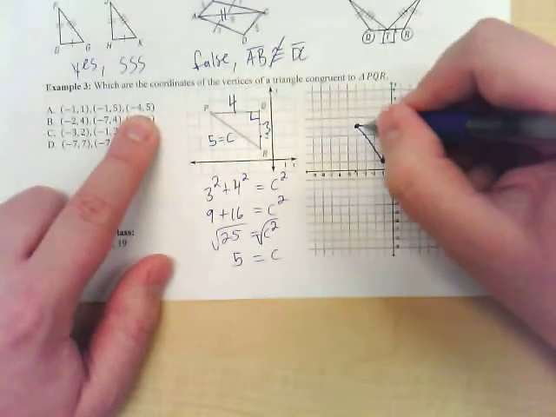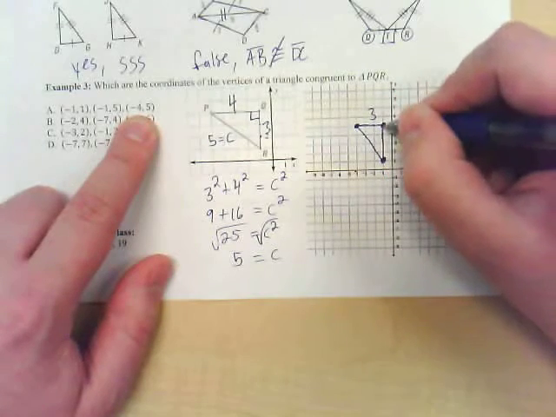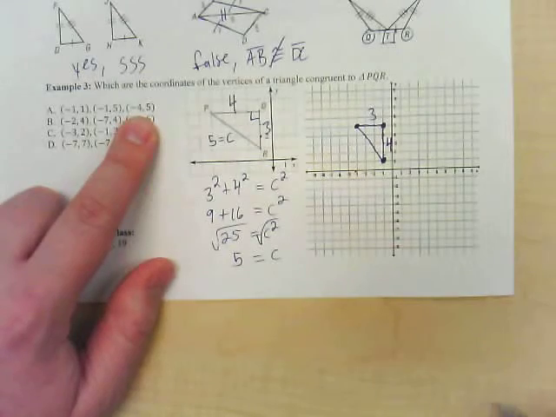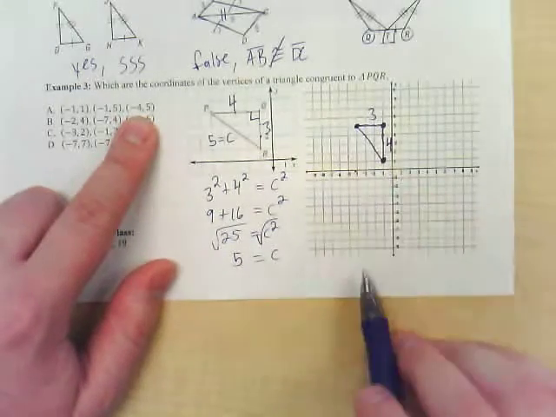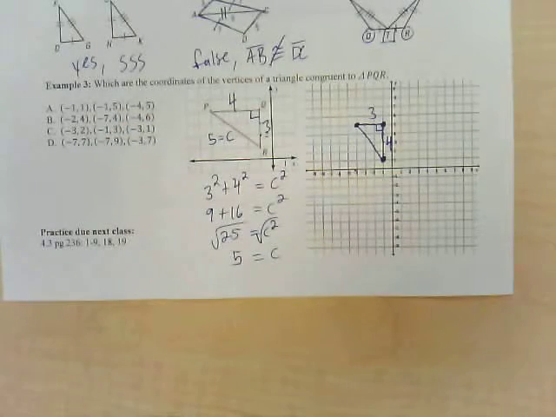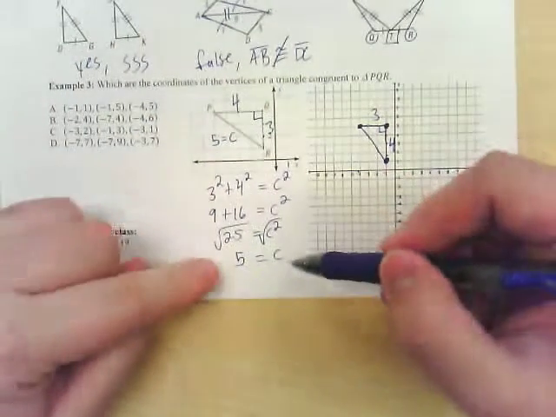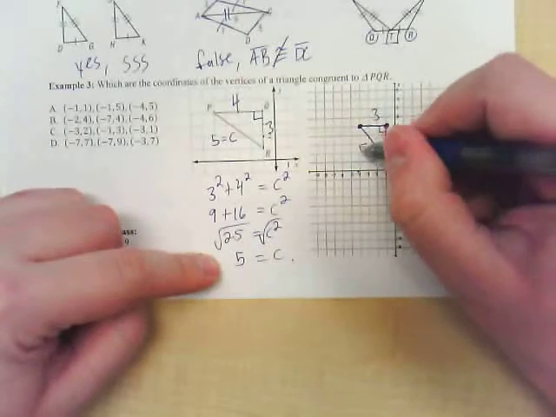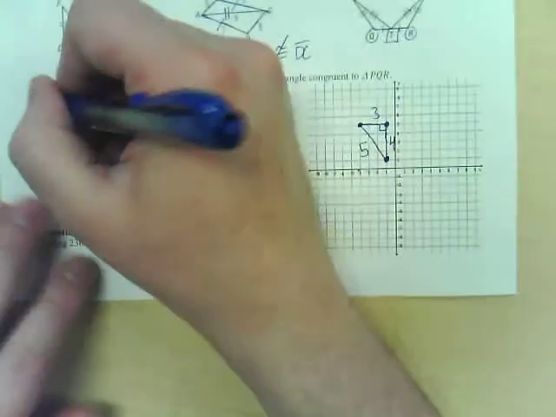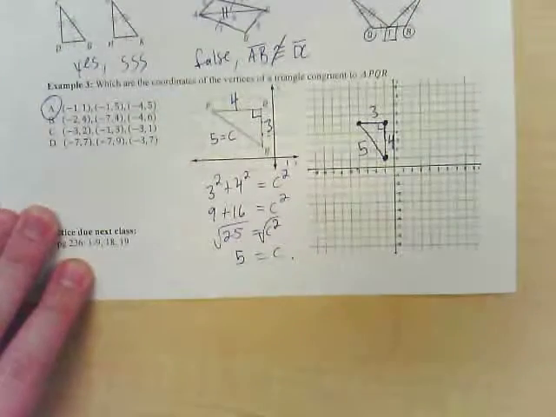This one is 1, 2, 3 units long. This one is 1, 2, 3, 4 units long. And we just did the Pythagorean theorem with the 3 and 4 around the right angle. And so we could just use this exact same work to determine the third side is going to be 5. And so both of these triangles have 3, 4, and 5 as their side lengths. So actually we don't even need to check the rest of them. It's going to be part A right here.